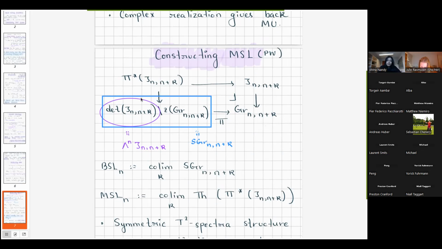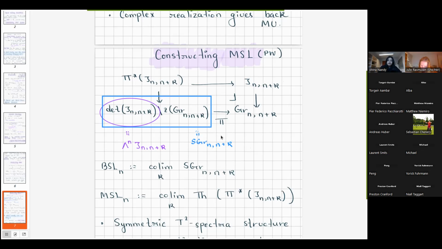And now you want to consider the determinant bundle of it and take the complement of its zero section. The complement of the zero section of the determinant bundle of this tautological n-bundle is our analog of the oriented Grassmannian. Similarly, if you take real points of these things, you actually get back real oriented Grassmannians.